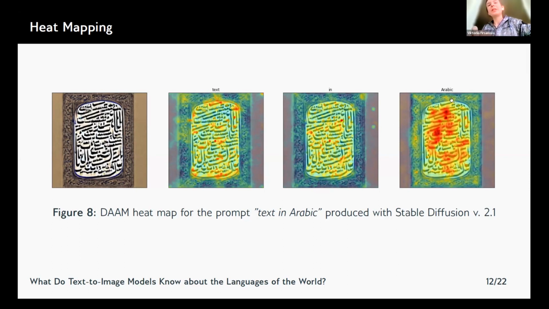So that shows that the model does differ Arabic scripts from other pieces of this image. It doesn't mix this frame and the other parts with the text itself. And the word text is also highlighted in red, meaning that it is also associated with Arabic script here, while the frame and something like a background is not highlighted.